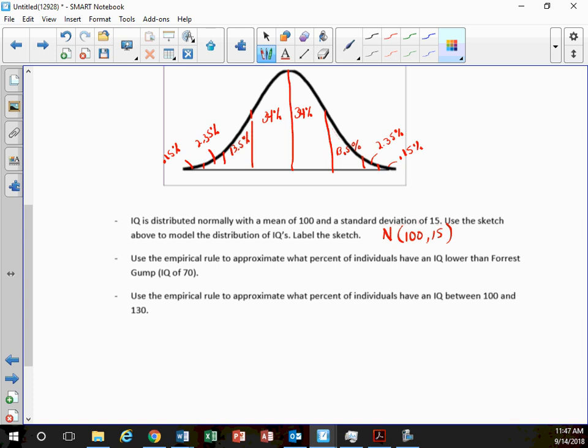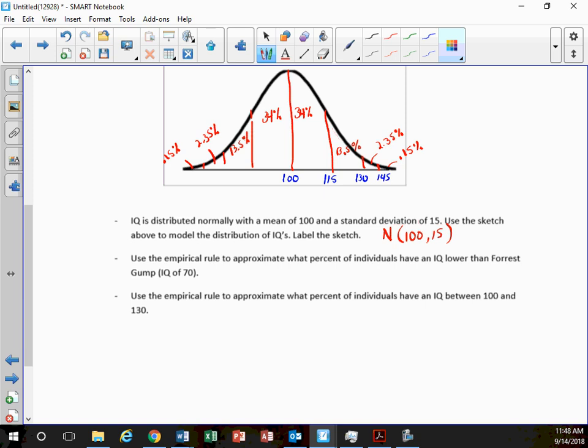So the mean is 100, so I'm putting that right in the middle. Now if I'm just 1 standard deviation above that, what IQ score would correspond to that? 115. 2 standard deviations above? 130. 3 standard deviations above?